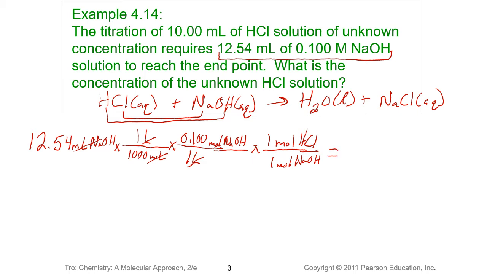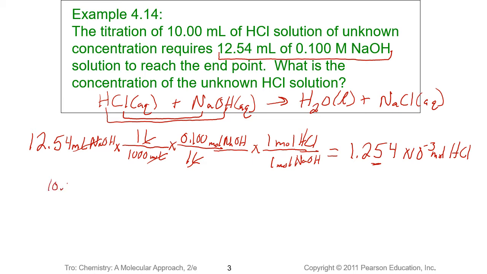I'm going to stop there and calculate the number of moles of HCl, which would be 1.254 times 10 to the negative 3 moles of HCl. Now if I want to find molarity, I need moles over liters.